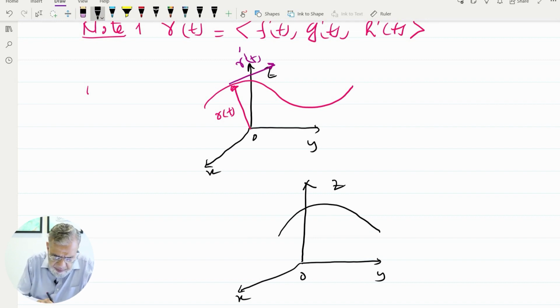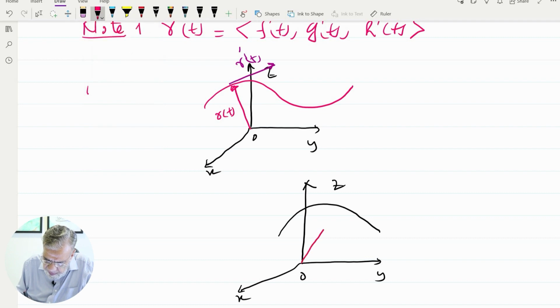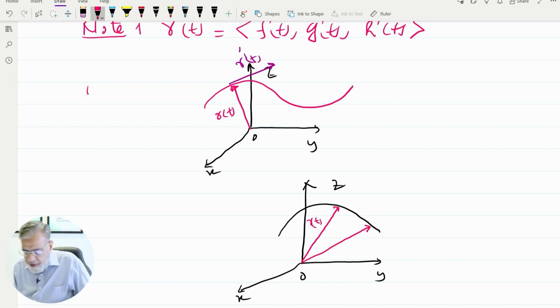And here this one is my r of t plus delta t, where t is my independent variable.